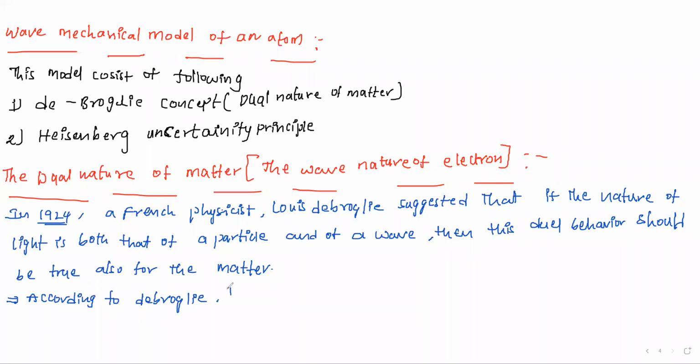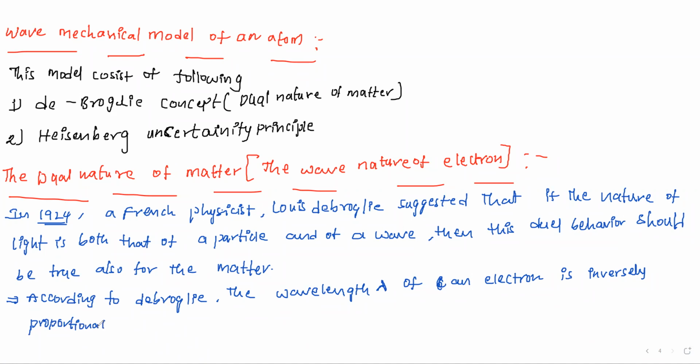According to de Broglie, the wavelength, that is nothing but lambda, the wavelength lambda of an electron is inversely proportional to its momentum, that is nothing but p.